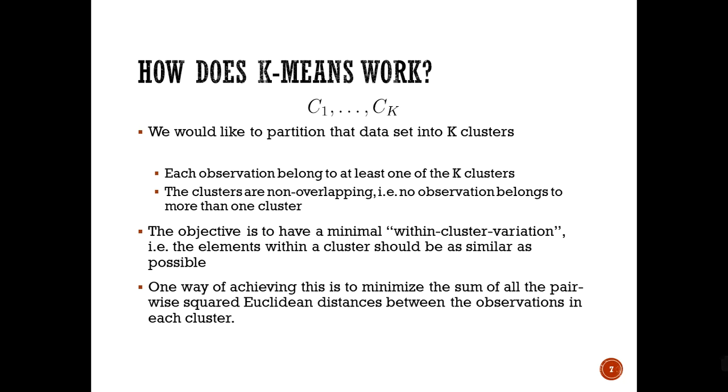And again, if the ith observation is in the kth cluster, then i will be a member of the indices for group k. So again, we want to somehow find the partition C1 through Ck, which is a good clustering.